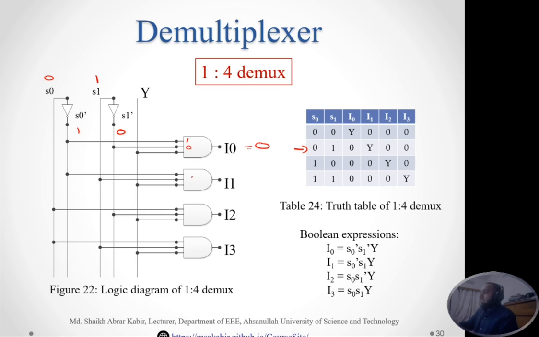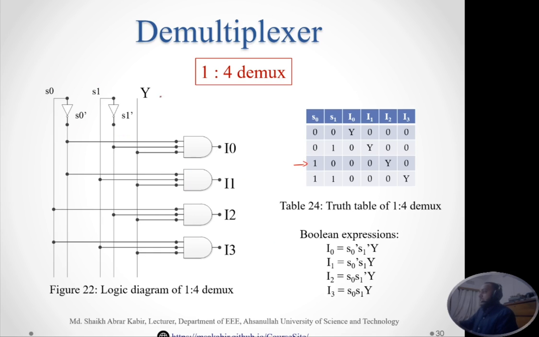For the second AND gate, we will get the inputs as 1 1, so our output will depend on y, because here another input is y. For the third AND gate, our inputs are 0 0, so our output will be 0. For the fourth AND gate, our inputs are 0 1, so our output will be 0. So for this pattern, we will get y only at I1, and in the other outputs we will get zeros.